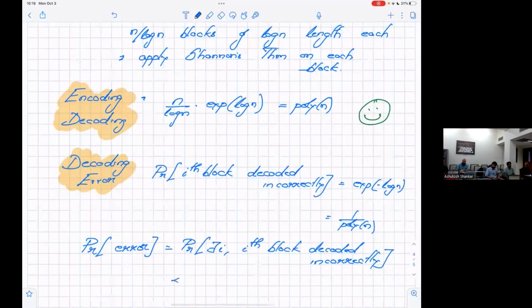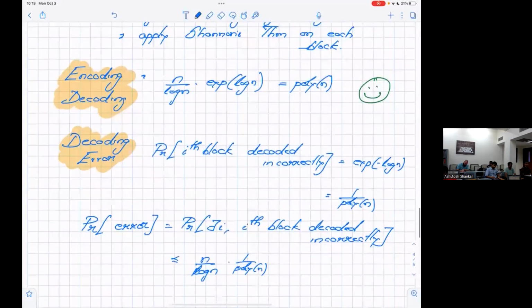So I could just apply a union bound over here. This is n over log n times 1 over poly n. You choose the poly n to be larger than this, so you can get this to be 1 over poly n.